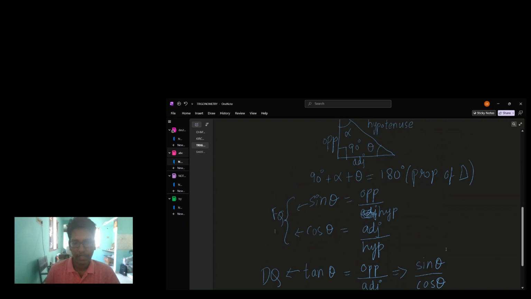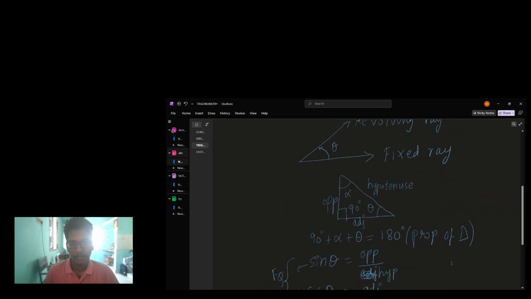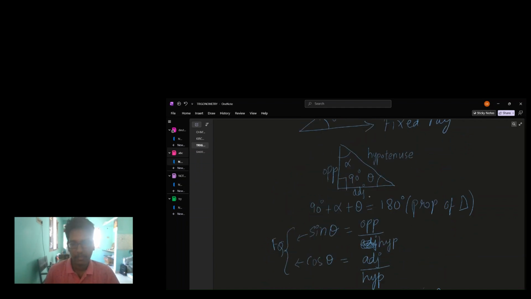And from this triangle, we can also infer other ratios like sin alpha and cos alpha. With respect to alpha, the adjacent side acts as the opposite side and the opposite acts as the adjacent, vice versa.